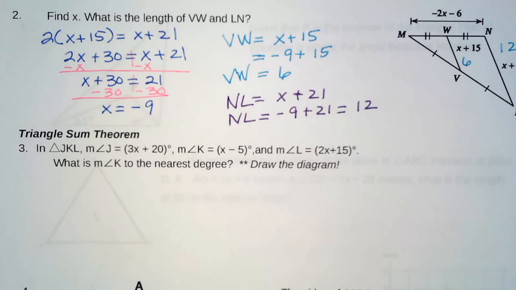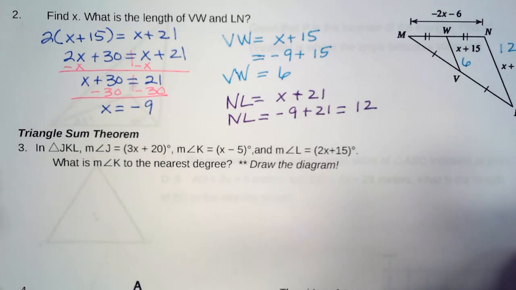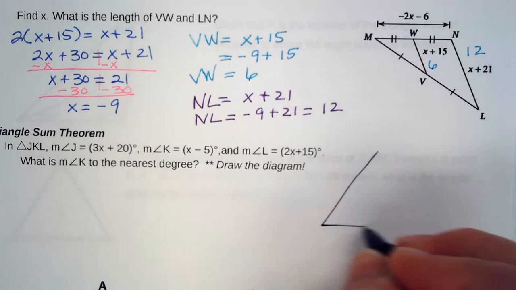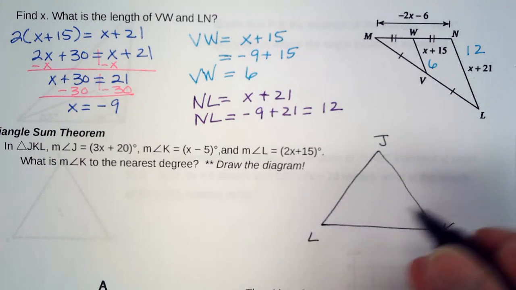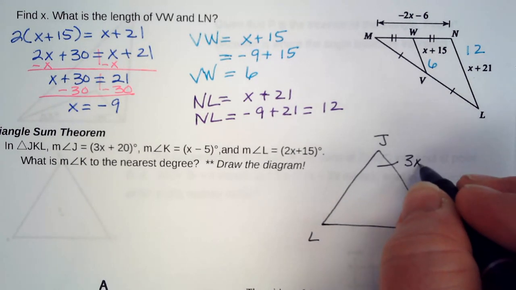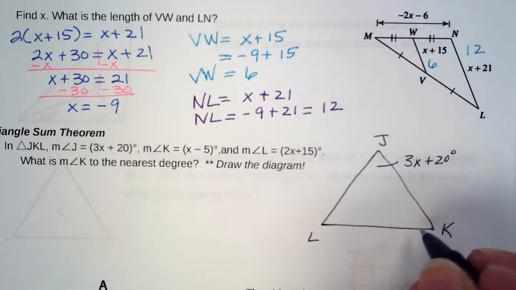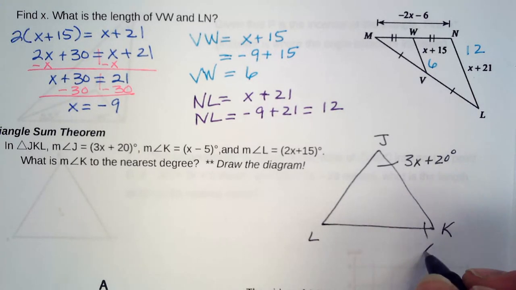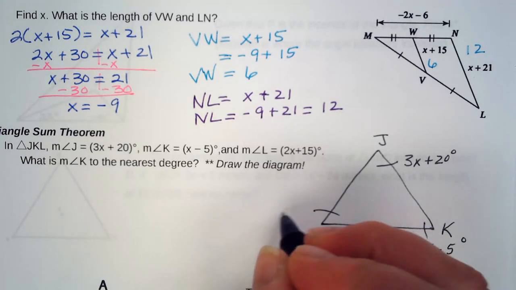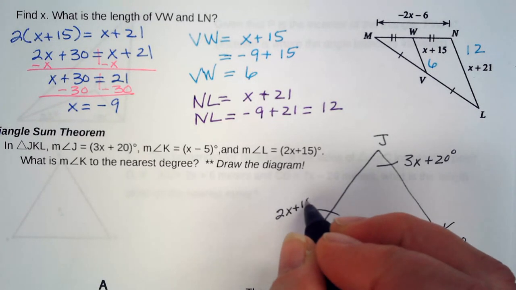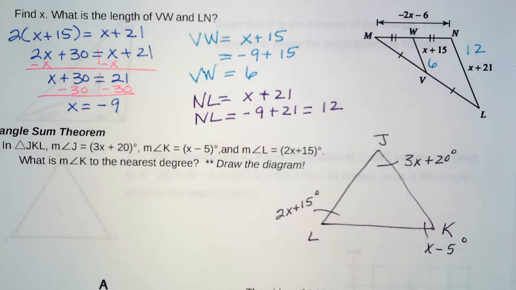So if I am drawing the picture, okay, I've got the three angles of a triangle. The triangle sum theorem states the sum of the three angles of a triangle do what?